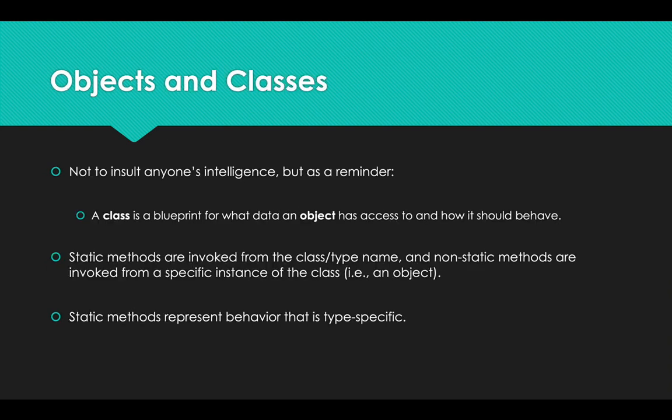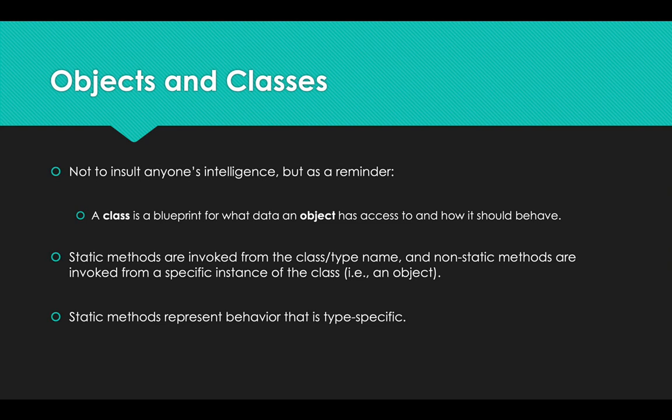And so not to insult anyone's intelligence, but as a reminder, the difference between a class and an object is that a class is a blueprint for what data and what behavior an object, which is an instance of that class, should have. So for example, you could have a car class. Your specific car that is a Ford Taurus or whatever would be an instance of that class, or an object.